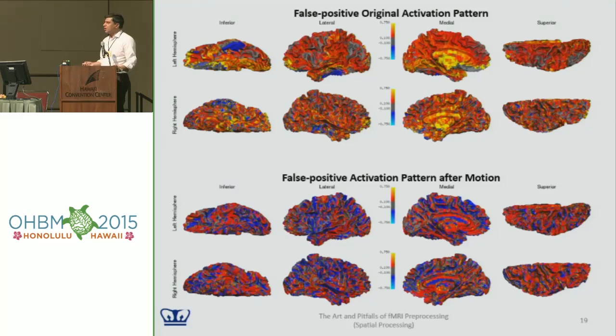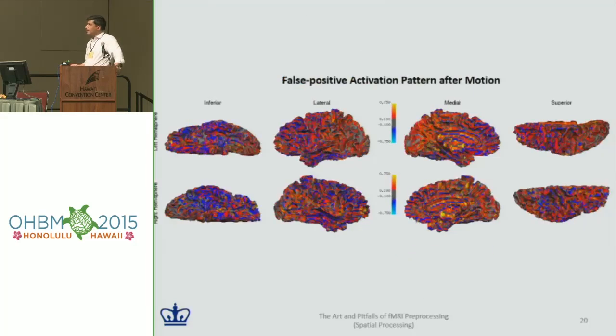So as you can see, the bottoms of the sulci become negatively correlated with the seed region, and the tops of the gyri become positively correlated. And after motion correction, nothing happens. I mean, after realignment. So the realignment does not do anything for this kind of effect. So you have to come up with different solutions for this problem.